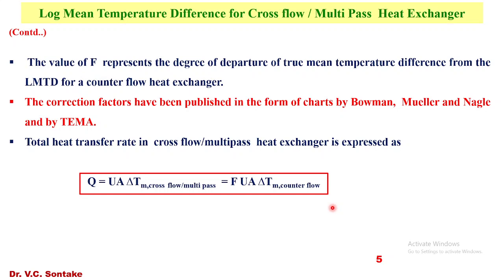In this expression, U is overall heat transfer coefficient and A is surface area available for heat transfer in heat exchanger. And delta Tm is log mean temperature difference for counterflow heat exchanger between the same hot and cold fluids.